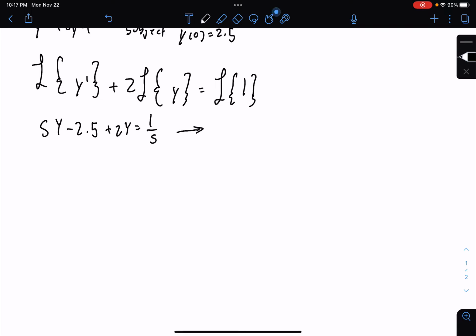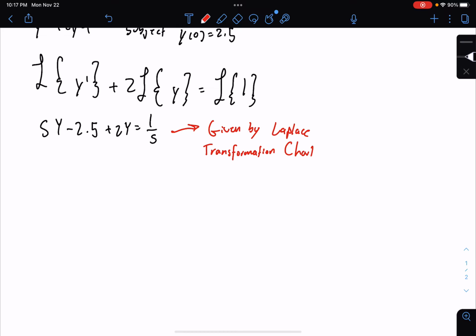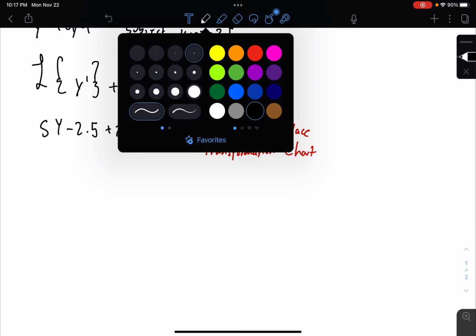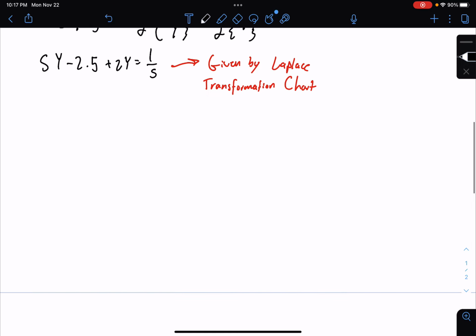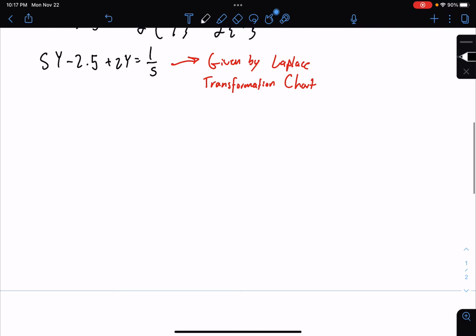Again, this is given to us by the Laplace transformation chart. Okay, so just doing some simple algebra here, I'm going to be rearranging this equation so that it's easier for us to solve.